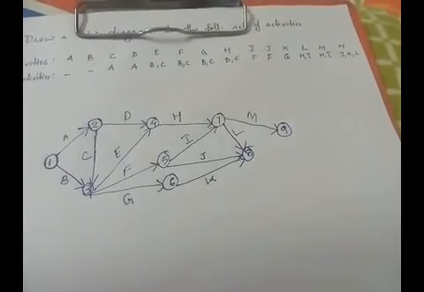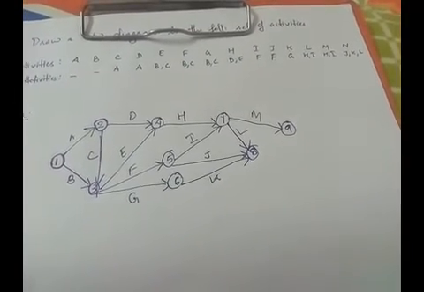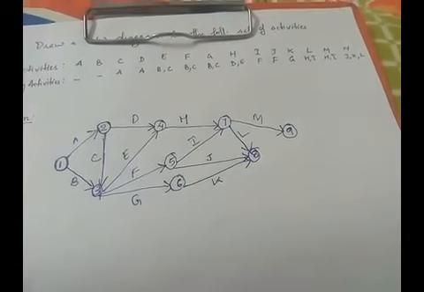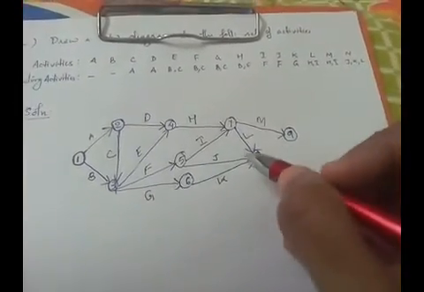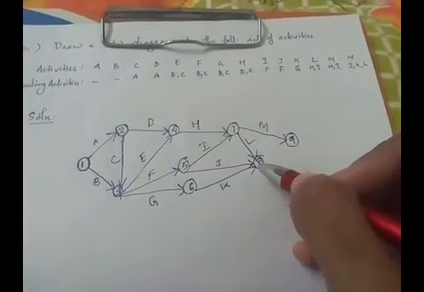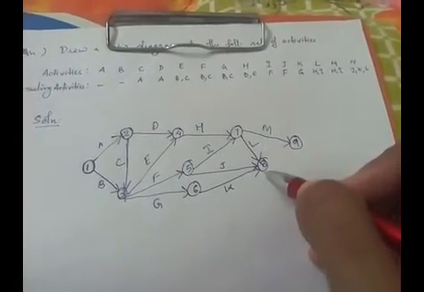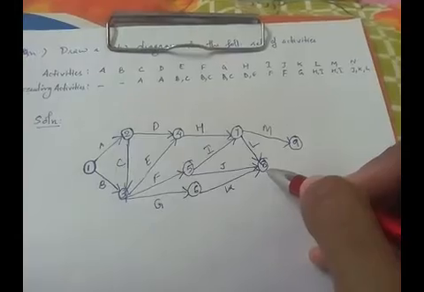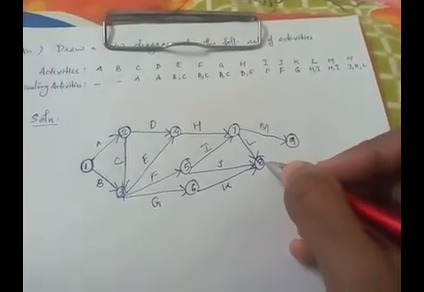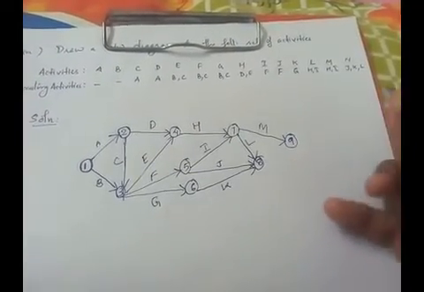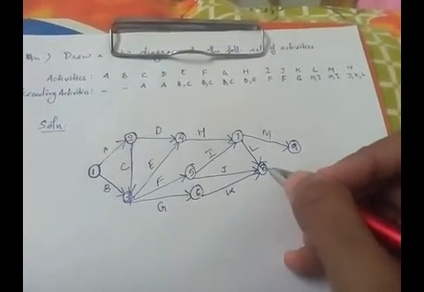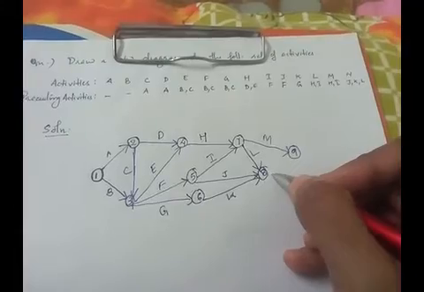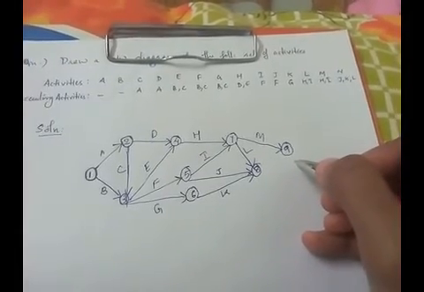And the last activity is N. For N to start, it should start from the event where J, K and L have ended, right? So looking at the figure, J, K and L have ended at the event 8, so N should start from here, but N is not given in any of the preceding activities, right? So it should start from here, but the ending event is not specified.